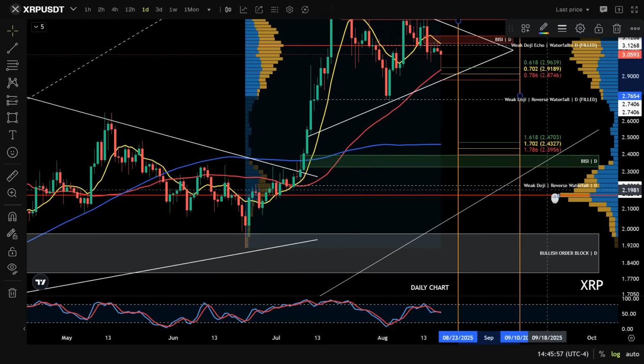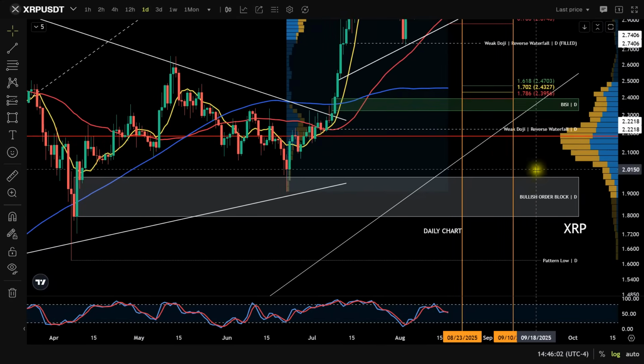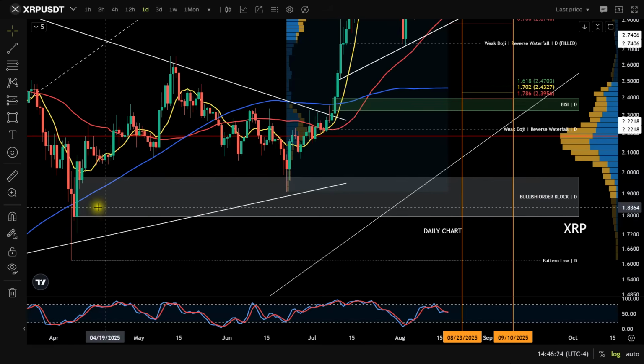And if the momentum to the downside really starts to gain some strength and really give a major push down, I would be looking at this bullish order block on the daily centered right here at about $1.88 as being a very likely place that we could see a worst case scenario type of support level, as we also have this dragonfly doji right here, which price already visited when going back to the reverse dragon pattern exactly as I theorized that it would, touching it nearly perfectly right here.